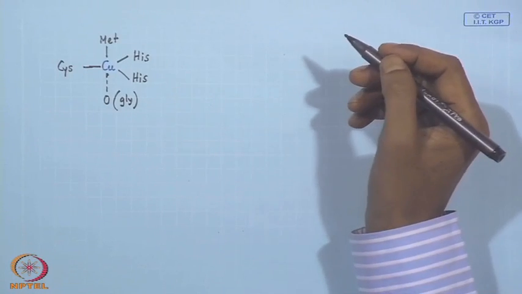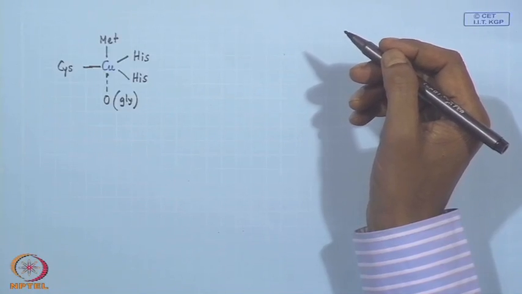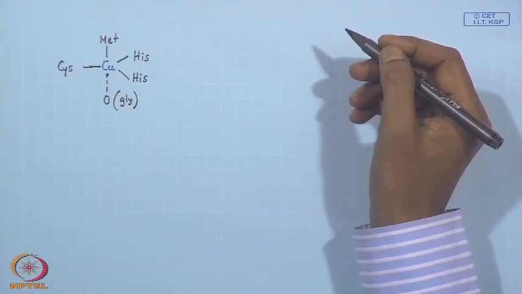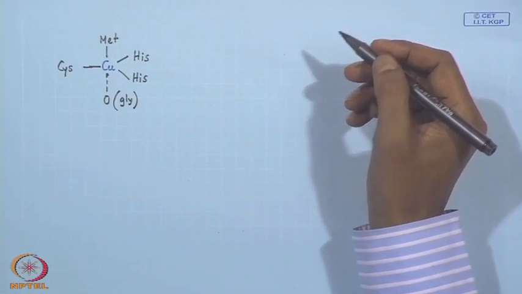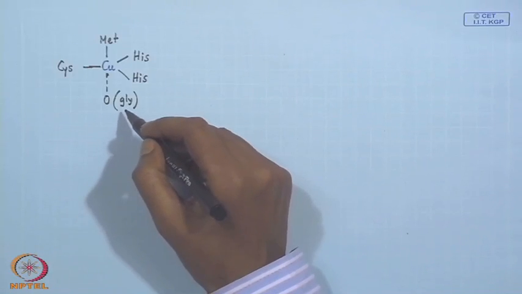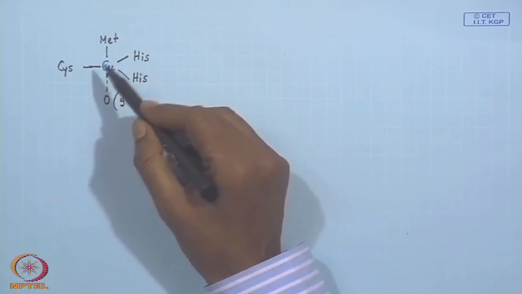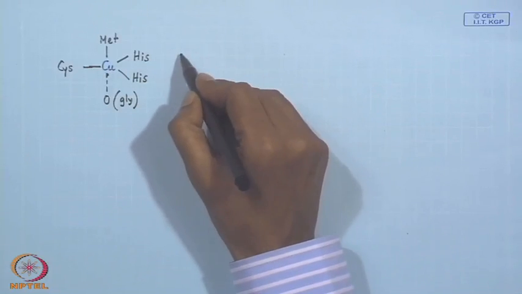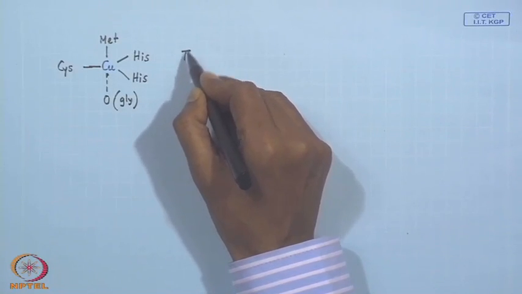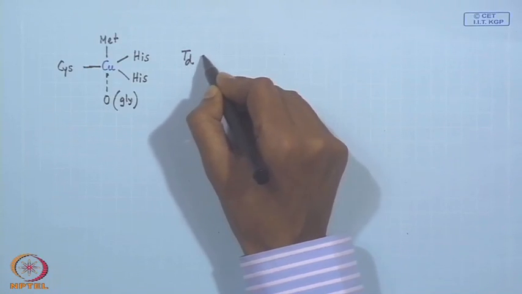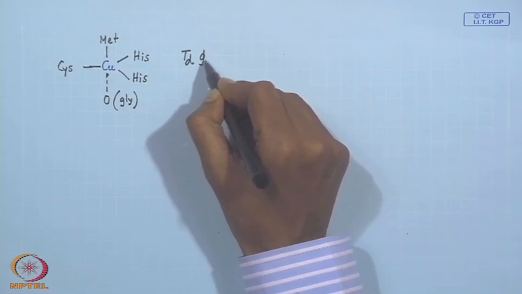So, within this environment, when this oxygen is not present, that means this particular coordination is pretty weak. We get a weak coordination from the oxygen, and overall you have a tetrahedral geometry.